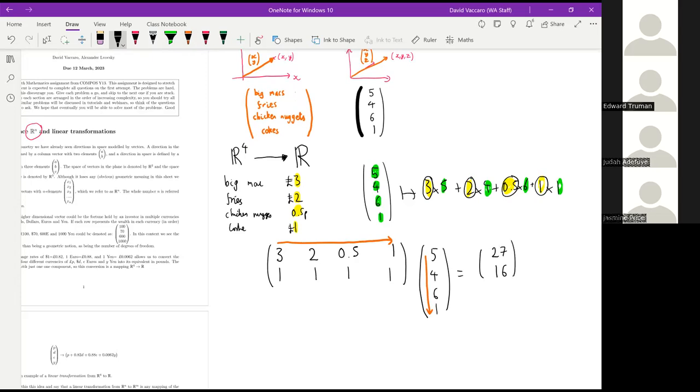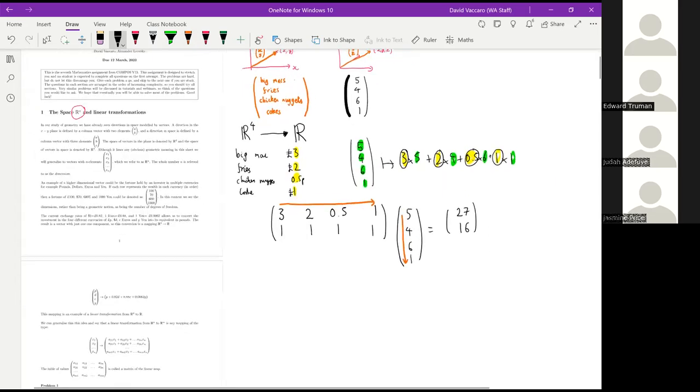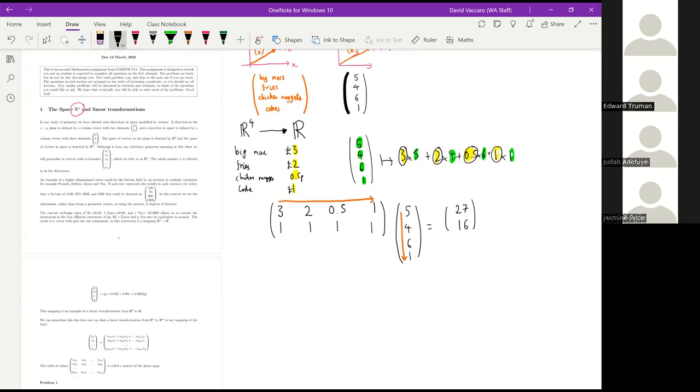So what we've mapped here is the 4 vector, which is Big Mac, fries, chicken nuggets, and Cokes. And we've mapped it to the 2 vector, which is the price and the number of objects.